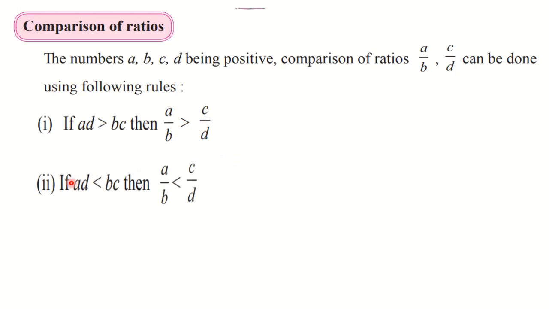Second rule, if AD is less than BC, then the second ratio is greater. A upon B is less than C upon D. That means the first ratio is less than the second ratio. And the third rule is, if the products are equal, then we can say that both the ratios are equal. Okay. So these 3 rules are very important.